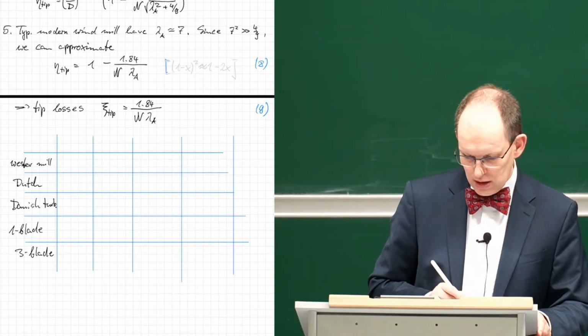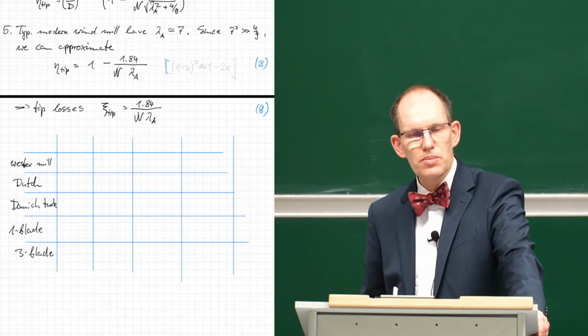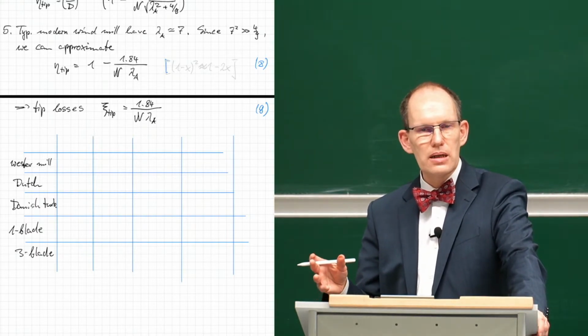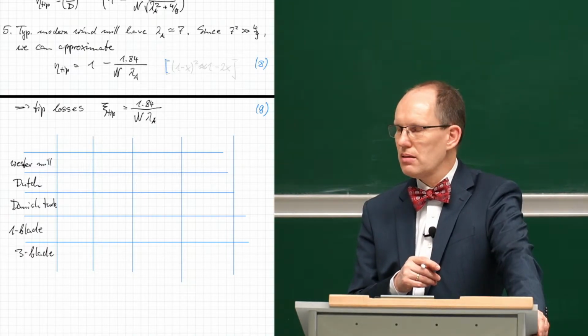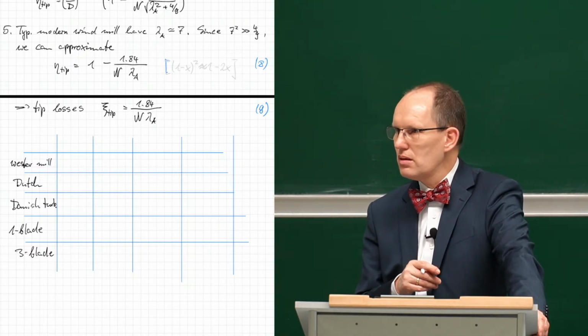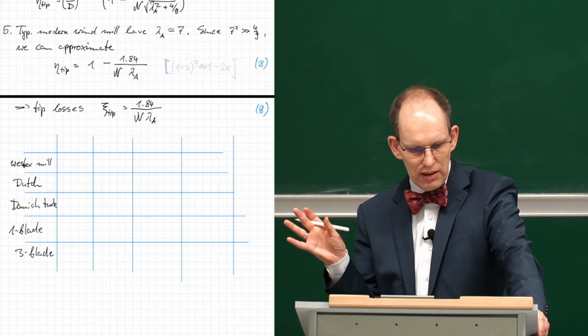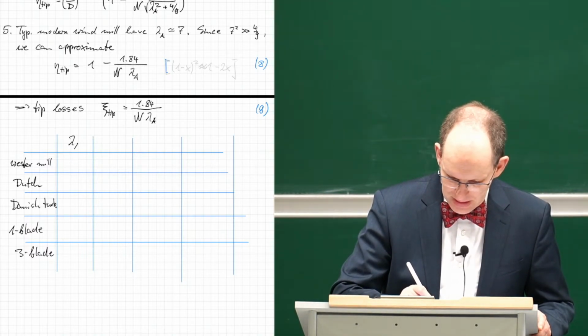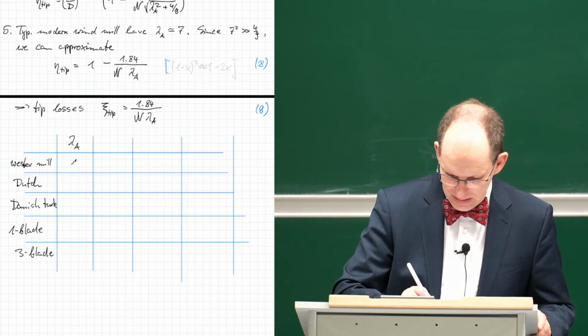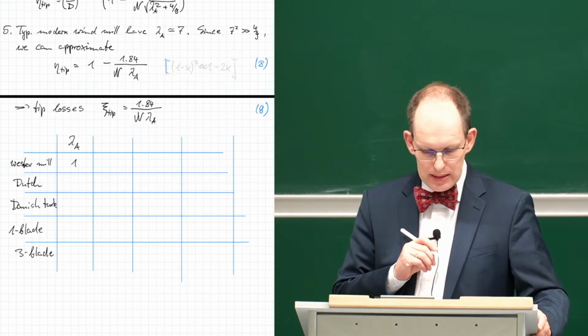As a Danish turbine, this means these turbines that were built pretty much after the war by, now I forgot the name, one of the pioneers of windmills. So lambda A for the Western mill is 1.